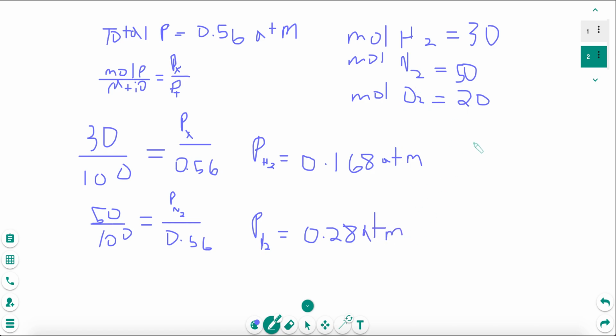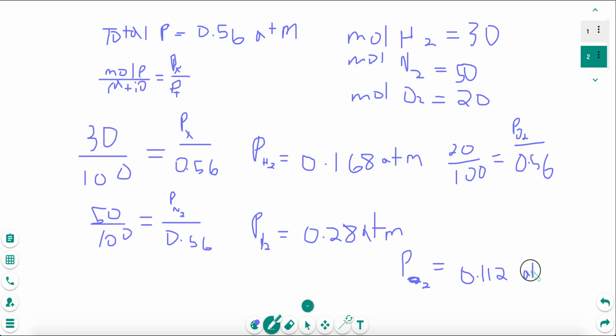Finally, for the oxygen, we can do 20 over 100 is equal to the partial pressure of oxygen over 0.56 atm. So finally, the partial pressure of oxygen is equal to 0.2 times 0.56, which gives us 0.112 atm.